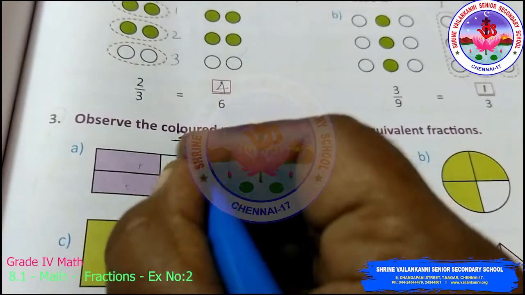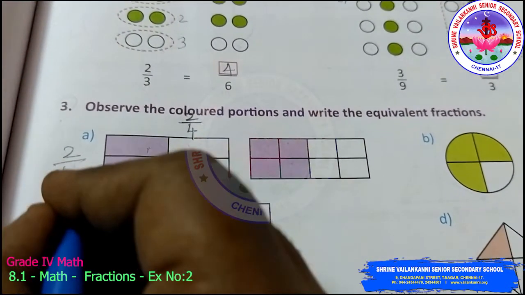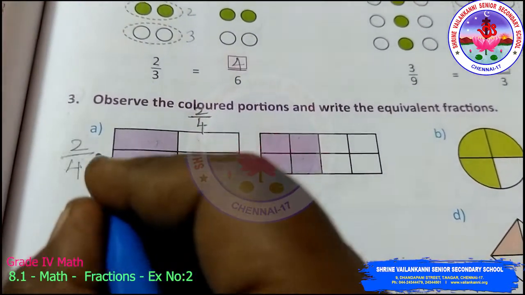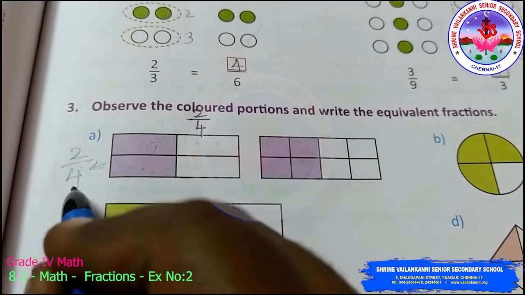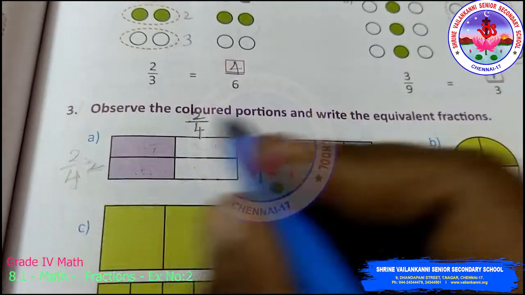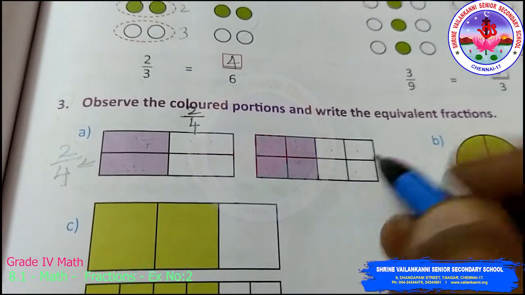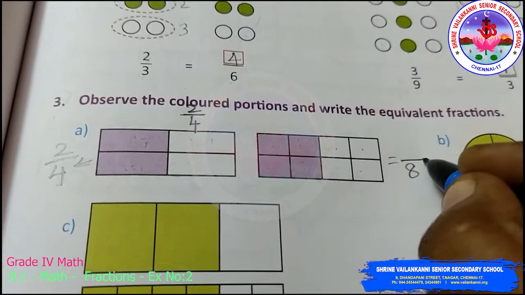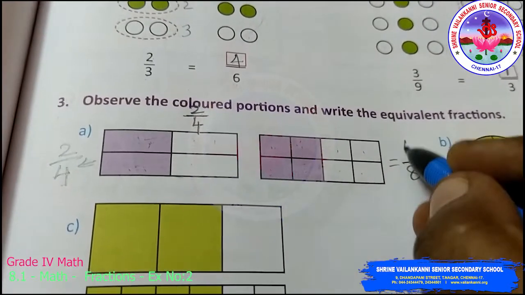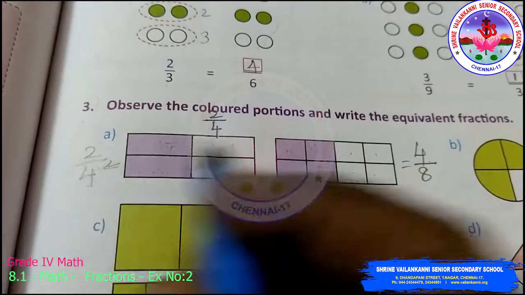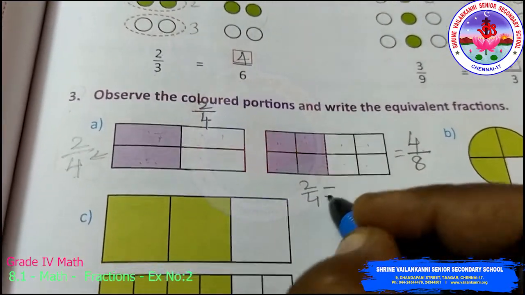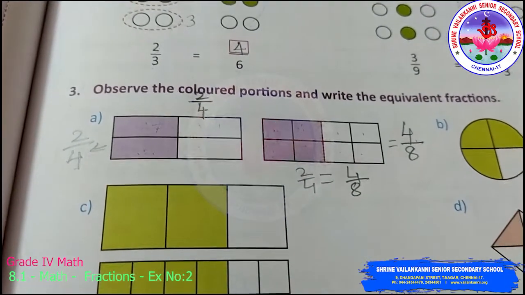So 2 by 4. Total 4 parts, colored is 2 parts. So here how many total? 1, 2, 3, 4, 5, 6, 7, 8. 8 in the denominator, colored are 4. So that is 2 by 4 is equal to 4 by 8.